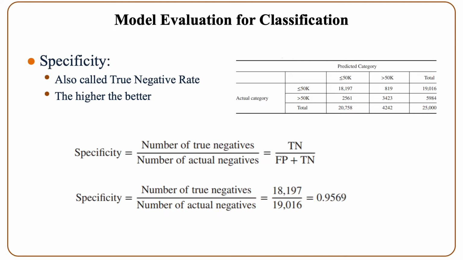A classification model also needs to be specific, meaning that it should identify a high proportion of customers who are negative, meaning have low income. Specificity, also called the true negative rate, is defined as the ratio between the true negative and the sum of the false positive and the true negative. From the confusion matrix, we look for the true negative and also the false positive.